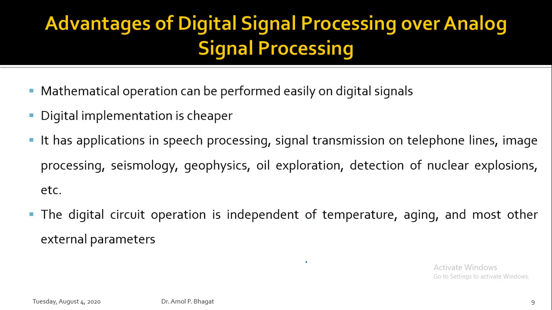The digital circuit operation is independent of temperature, aging, and most of the other external parameters. But in case of an analog signal processing system, these external parameters play an important role, and they affect the overall output of the analog system.